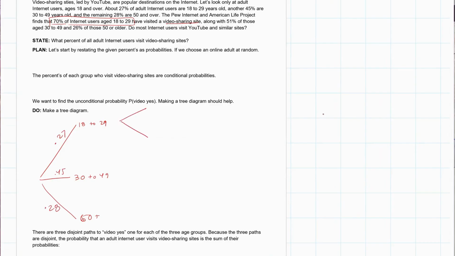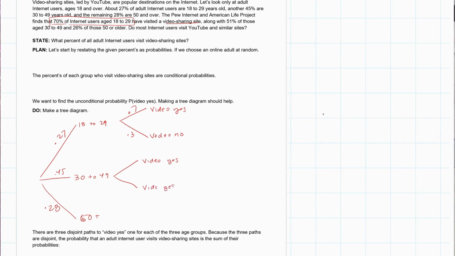Now, amongst those, you could either be a video yes or a video no. And the video yes, so 70% of the young people are using video sharing sites. So I can go ahead and put those two branches of the table up there. There's video yes again, and here's video no again.